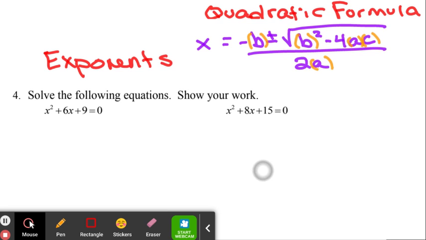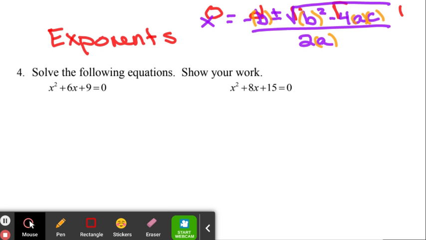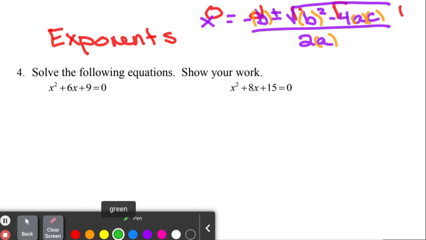We're going to do the first one together, and you guys are going to do the next one on your own. So we have 1x squared plus 6x plus 9. In this case, our a is 1, our b is 6, and our c is 9.